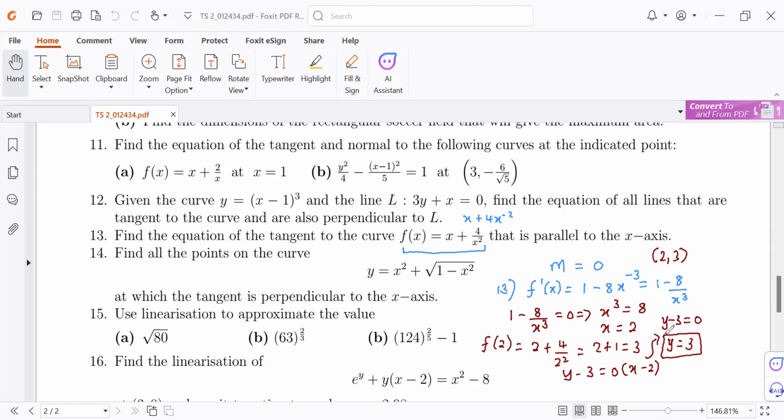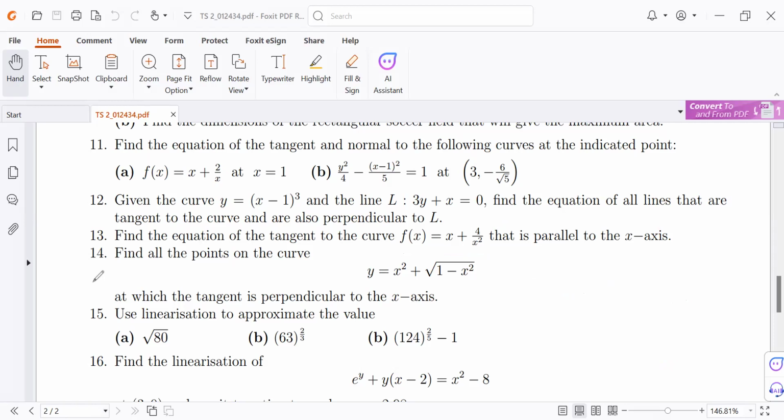Okay, so we move to question 14. Question 14: find all the points on the curve at which the tangent is perpendicular to the x-axis.